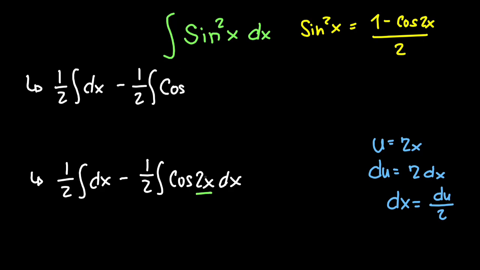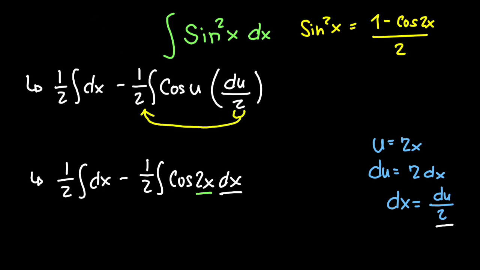Know that 2x is equal to u, so this would be cosine u, and dx right here would be equal to du over 2. And so we can actually put the 1/2 outside the integral again. So this would be 1/4 integral of cosine of u multiplied by du.